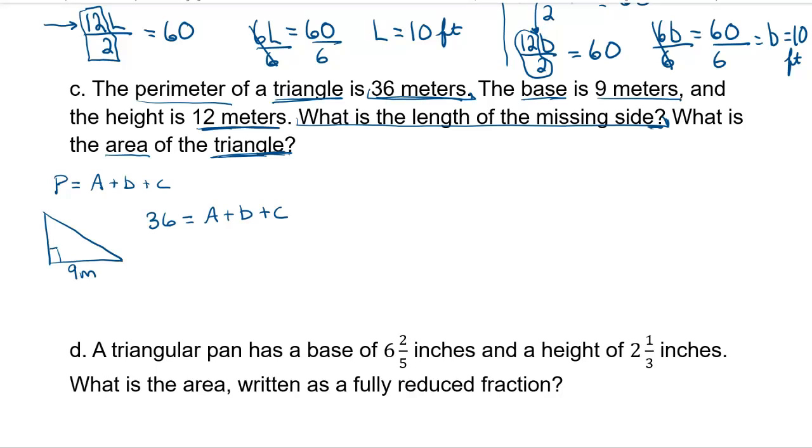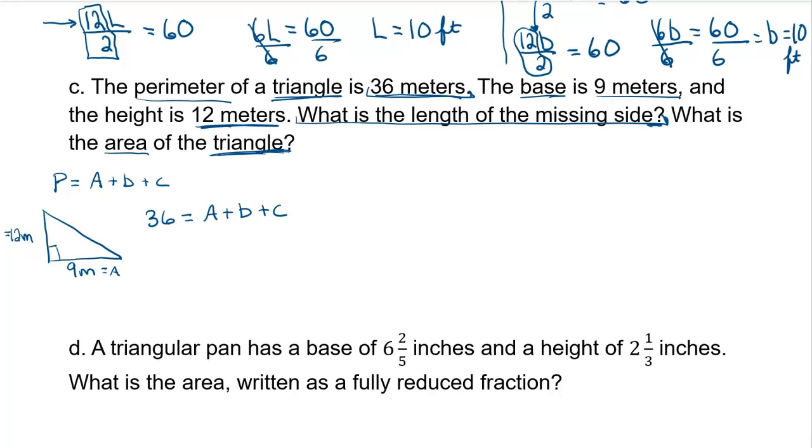And then my height is 12 meters. What is the length of the missing side? All right, so that is the first thing that I'm trying to find. So I'm going to say that this is A, this is B, and then C is what we're trying to find.